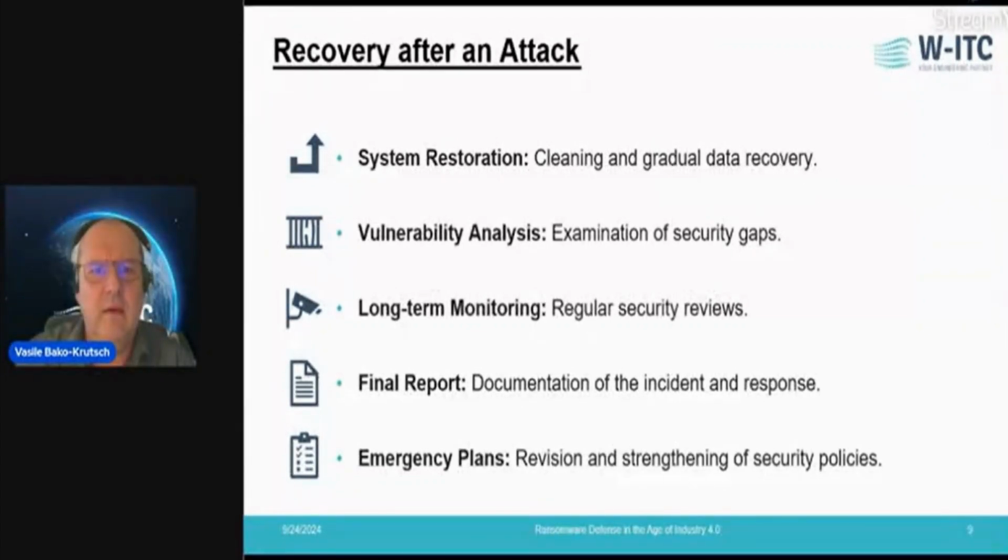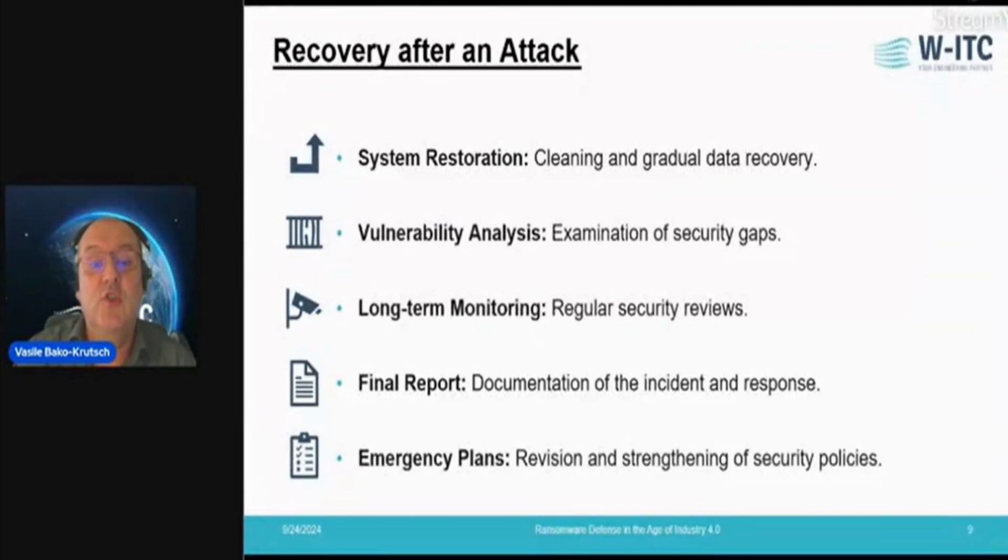You can do that with regular trainings, emergency drills, so-called tabletop exercises with involved actors to rehearse the emergency plans and to make them better.